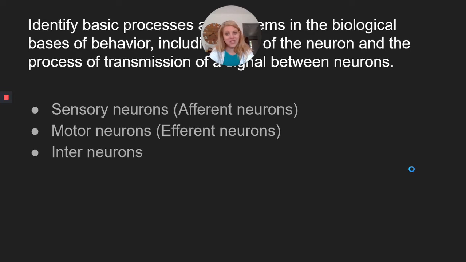Sensory neurons, guess what they are for? They're for sensing. Where would I find sensory neurons? In the places of my body where I sense. What do I sense? You probably learned a long time ago that you have 5 major senses: seeing, hearing, tasting, smelling, and feeling.